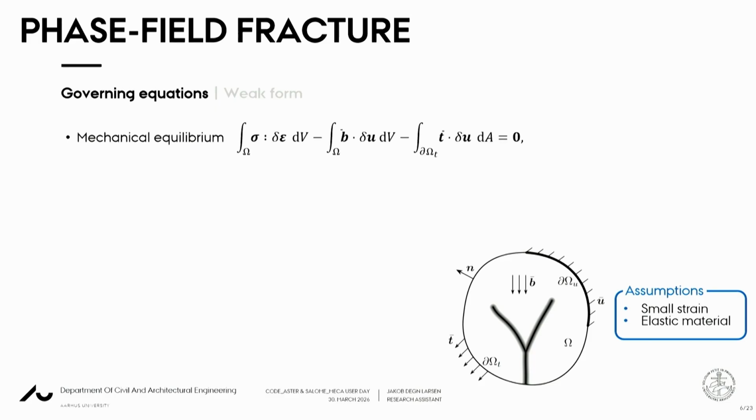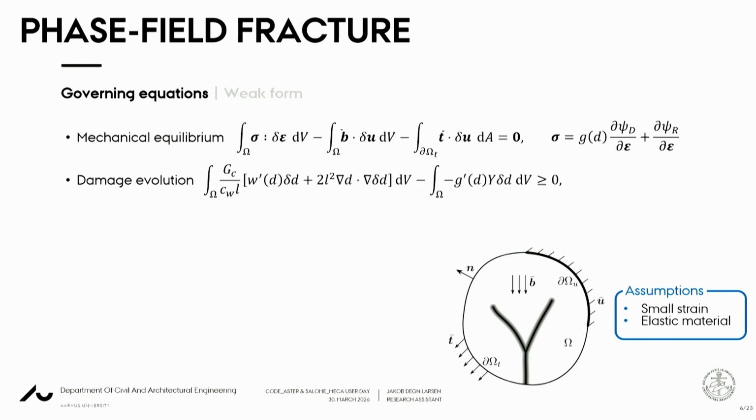It's quite standard, but we have this more non-standard relationship between the stress and the strain, which also depends on the damage. And then we have a damage evolution equation, which is this rather long expression, and it comes with an additional constraint, which means that the damage or the crack is irreversible.